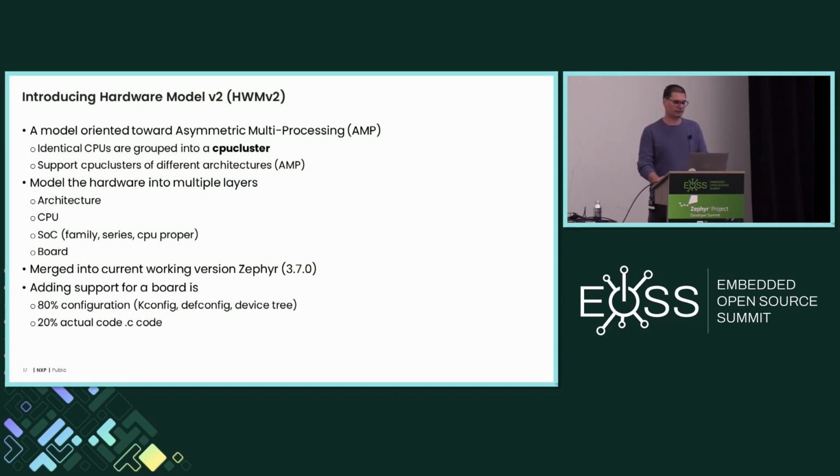This model version 2 is in the current working release, which is 3.7. From my experience, adding support for a board is about 80% writing configuration files and 20% actual C code, for the specific stuff there. At first, it might be very confusing, and you might have trouble understanding which Kconfig file you want to add, where to add the DTS, and stuff like that.